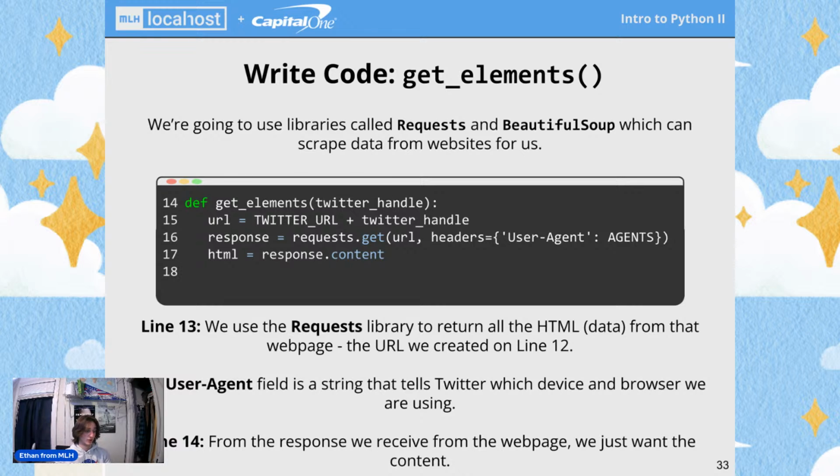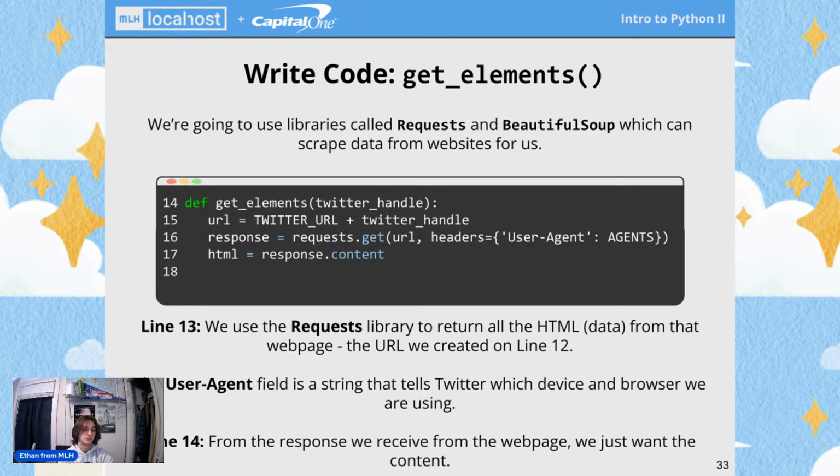So this is what it's going to look like. I'm going to type it in along with you. So first up, we've got URL equals TWITTER_URL, all in caps, plus twitter_handle, which should match the parameter.